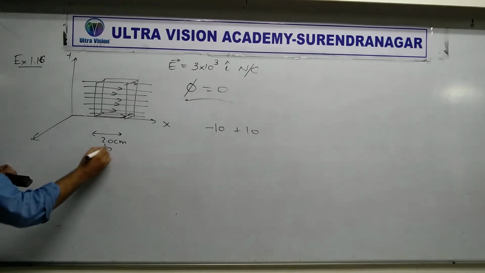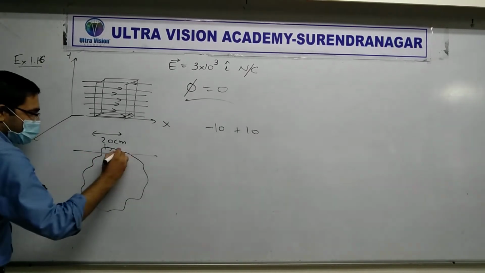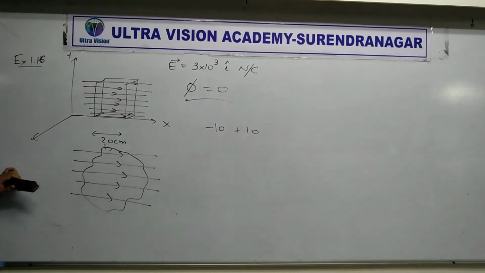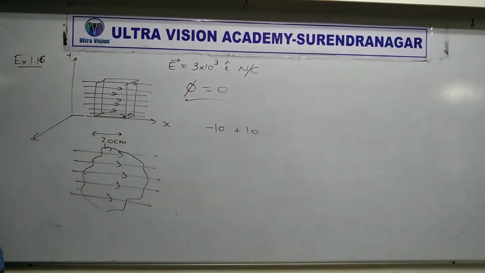What if it was an amoeba shaped surface and the electric field was still uniform? What do you think will happen here? How much will be the flux for this surface? 0. Still 0 or not 0? 0. Sure? Yes. Absolutely. Same reason: whatever entered from the left has to leave from the right.